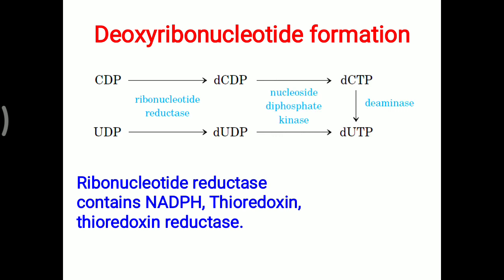Now this deoxy CDP and deoxy UDP are converted into the corresponding deoxy CTP and deoxy UTP. In a previous reaction we have seen that UTP is converted into CTP. Now the same thing can be reversed with the help of the deaminase enzyme, which converts deoxy CTP into deoxy UTP.